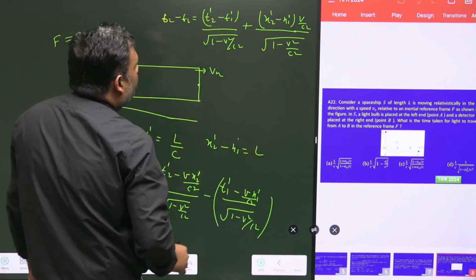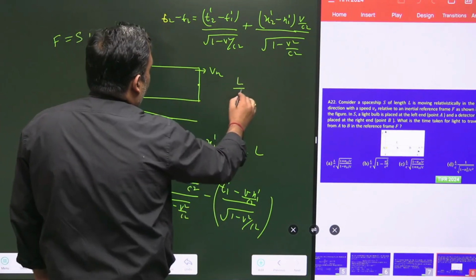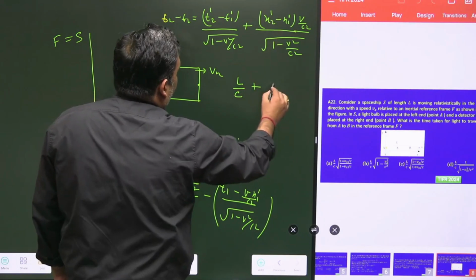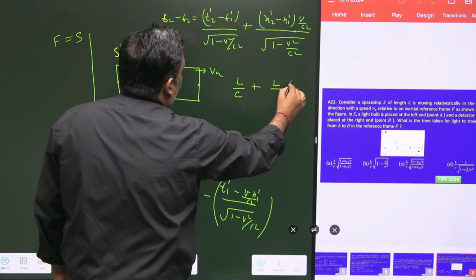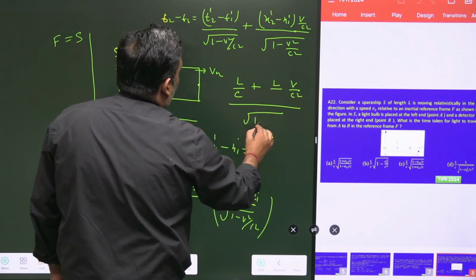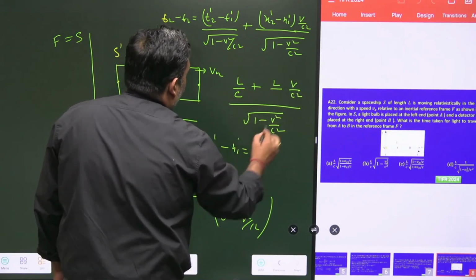And T2 dash minus T1 dash is L upon C, and x2 dash minus x1 dash is L.